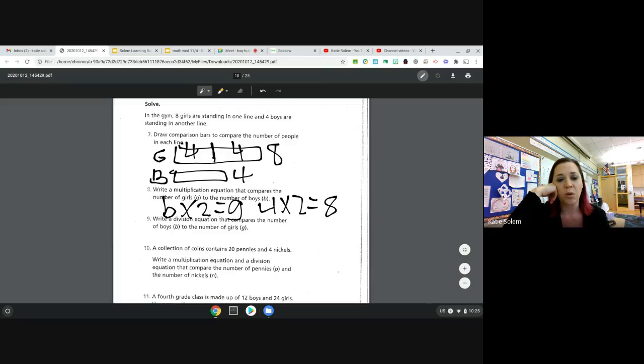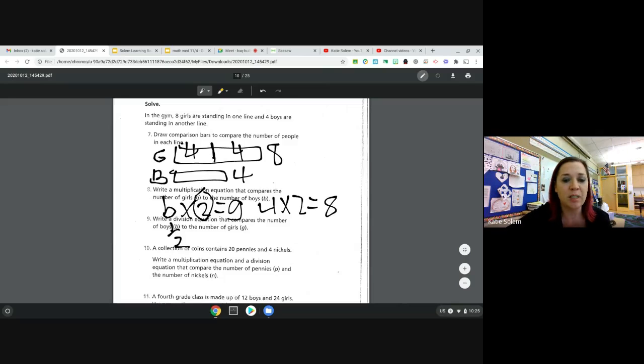Now we're going to write a division equation that compares the number of boys to the number of girls. So if the girls were 2 times as many, to do a division, we need to do the opposite. We need the fraction. So instead of saying times 2, we would use the fraction 1/2, because we would always just take this number here and make that the denominator.